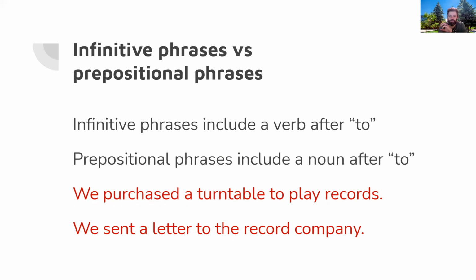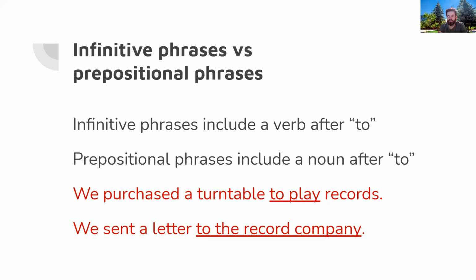Which one of these two phrases is an infinitive verb phrase, and which one is a prepositional phrase? Take a moment to think about that. So in our first one, we purchased a turntable to play records. So the to play is a verb. It's the infinitive, okay?